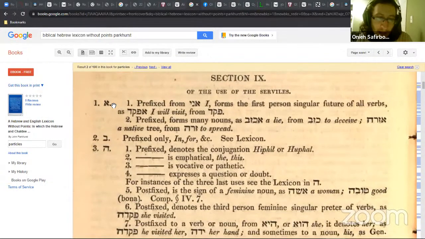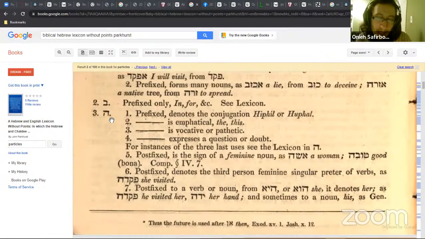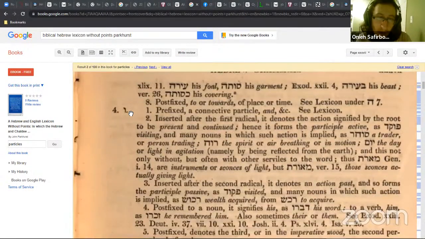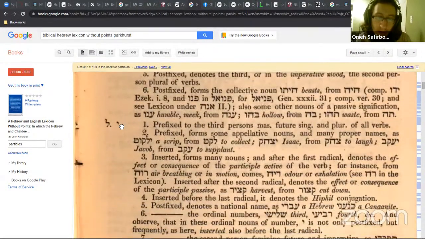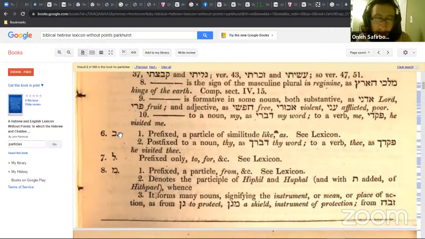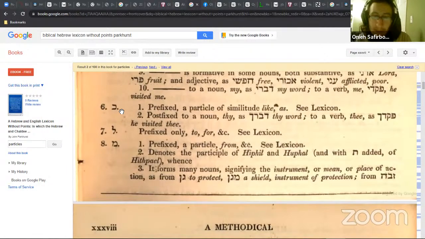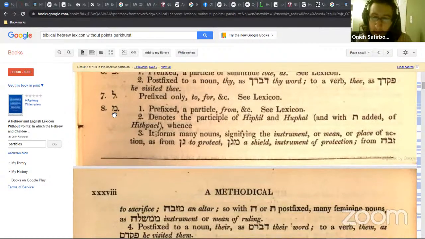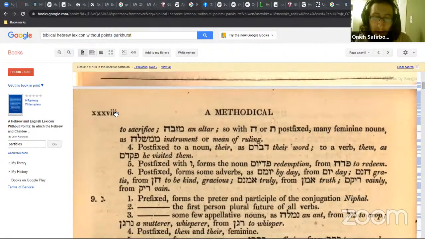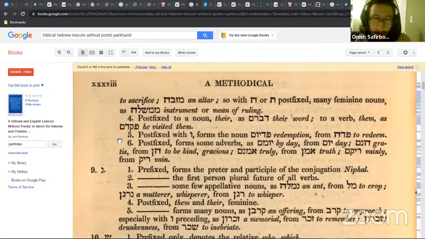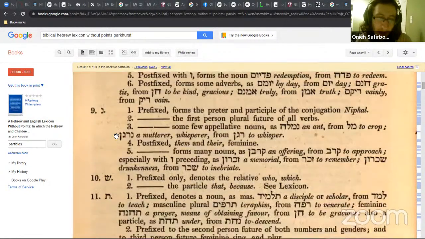So we went through where aleph can be added to verbs and nouns at the beginning and end, bet at the beginning, hey at the beginning and end of words, wa beginning and middle of words, yod beginning and middle, kaf at the beginning and the end, lamed at the beginning, mem at the beginning and end, and that's where we were. And now we are on noon.